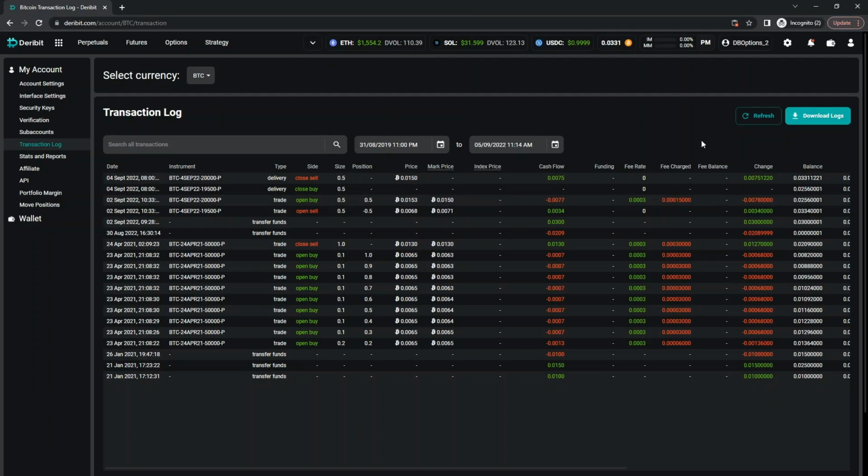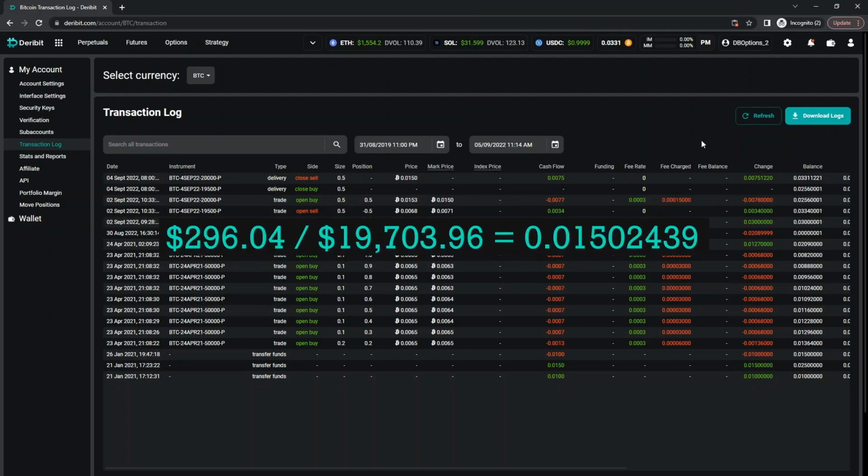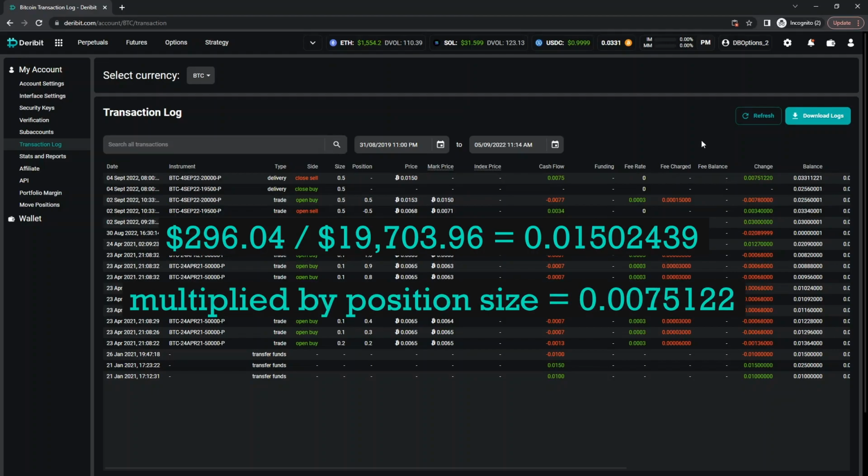Any value is paid in Bitcoin though rather than dollars, so we need to divide this value by the expiration price of $19,703.96. This gives us a Bitcoin value of 0.01502439 Bitcoin. Our position size was 0.5, so we received 0.5 multiplied by this Bitcoin value.